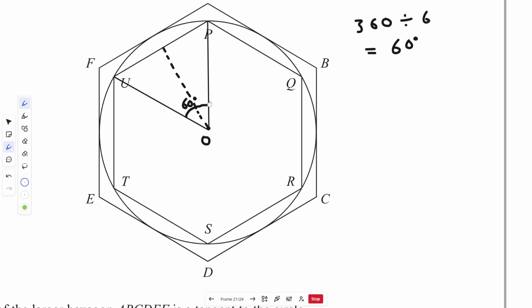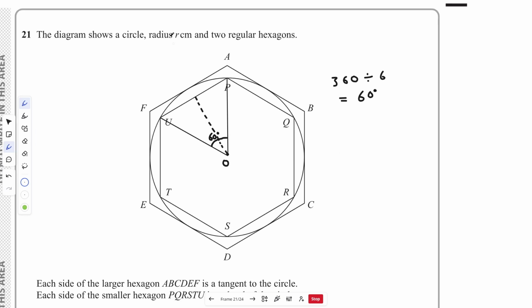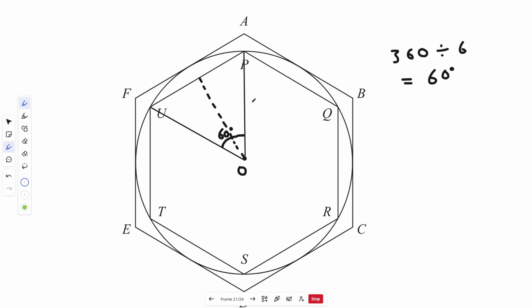And now we need to take a look at what we can do with this information. We're given that this radius that we have from O to U is going to be r centimeters. And that would be true for this here, r centimeters, r centimeters.